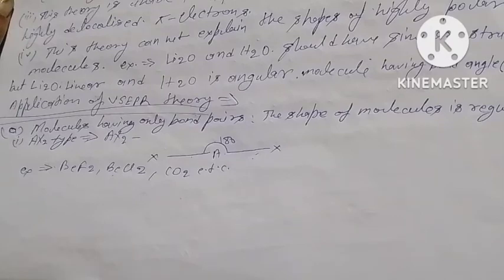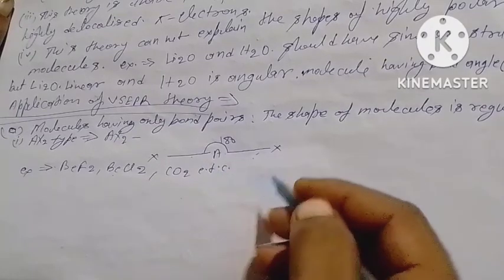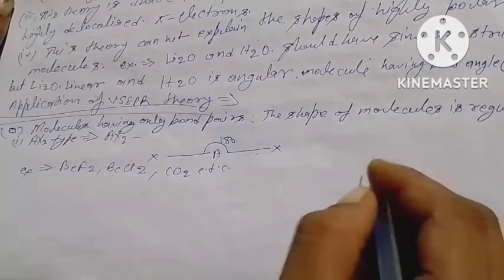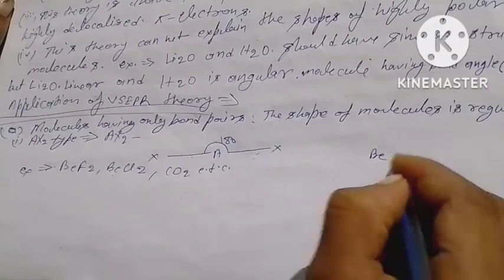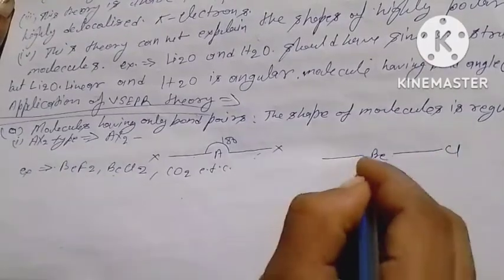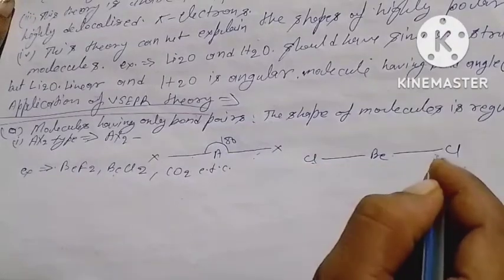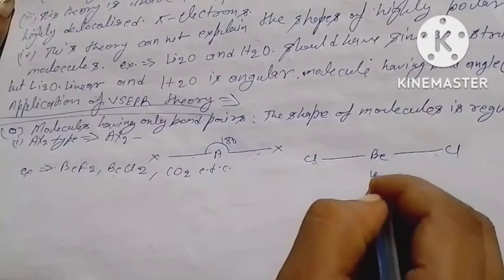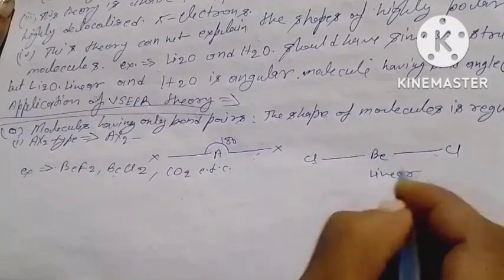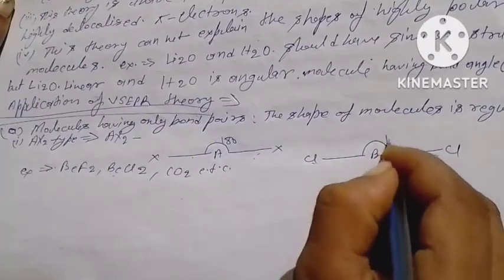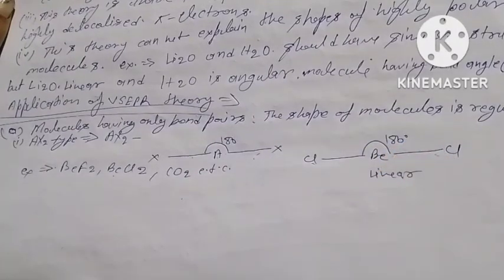The bond angle in BeCl2 is 180 degrees. The structure is linear.